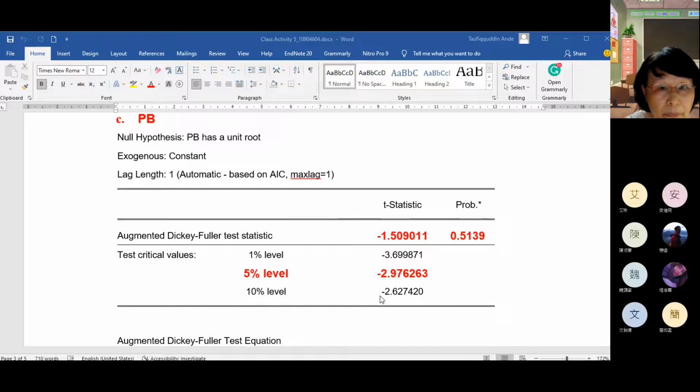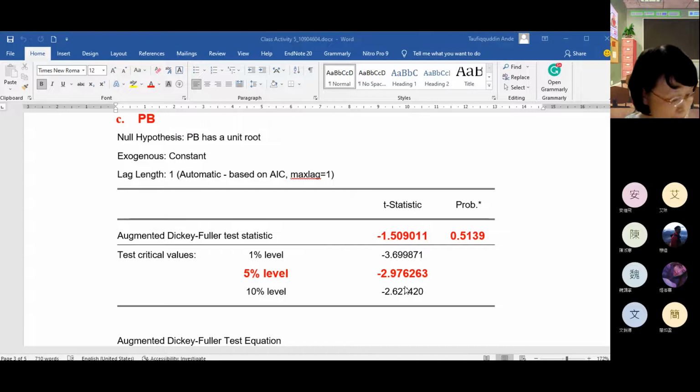They're still different, a little bit different in the critical value. But they do have the same observations, right? Yes. I didn't notice this one before.